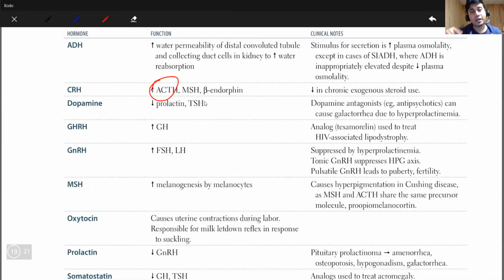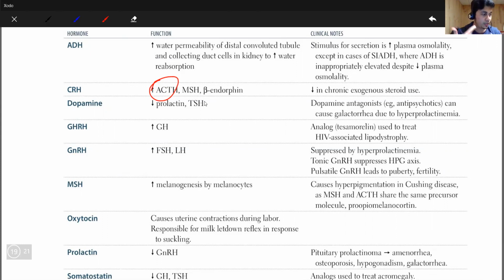The steroid hormone has a negative feedback over the anterior pituitary and over the hypothalamus to decrease the release of this hormone. Now, if someone is getting exogenous steroids, that means steroids are pushed inside that person's body from outside. What will happen?